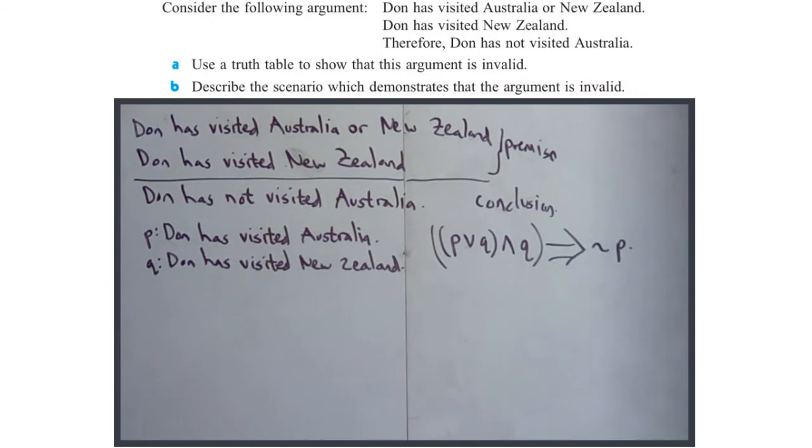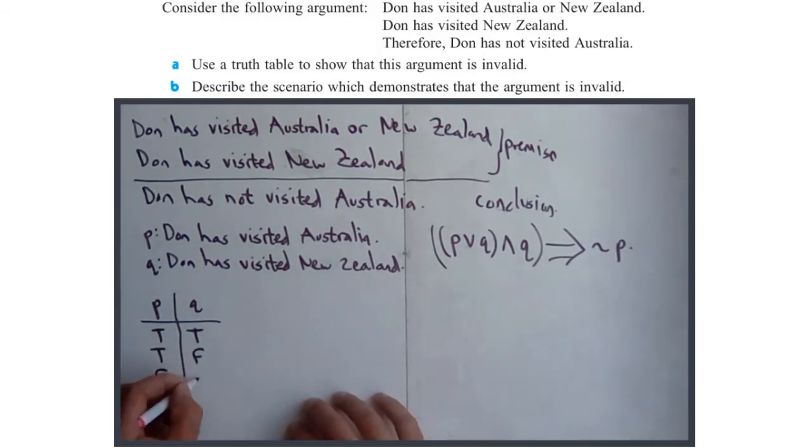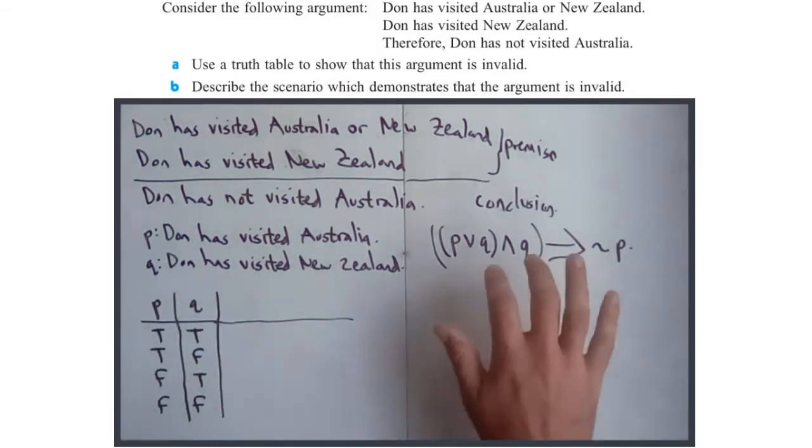So we're going to construct a truth table for this, and we start simple. You start with P and Q, just like that. So it's true, true, true, false, false, true, false, false, standard layout. Then think, what are we going to need? We're going to need quite a few other things going forward, because we want our last column to look like this.